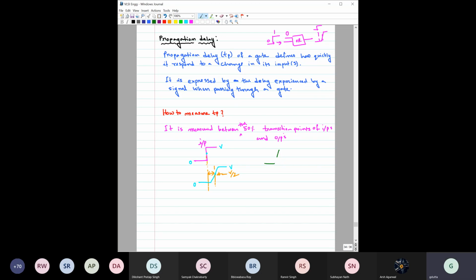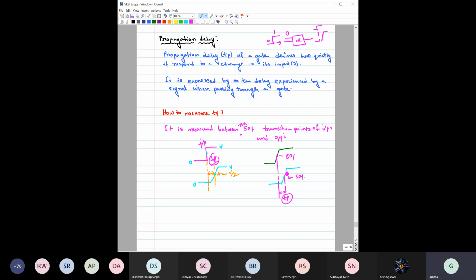Let us consider the input is like this. Here the delay would be between these points. It does not matter whether the input is a step input or this one. The definition of delay is always the same: the 50% point here, and the 50% point here.